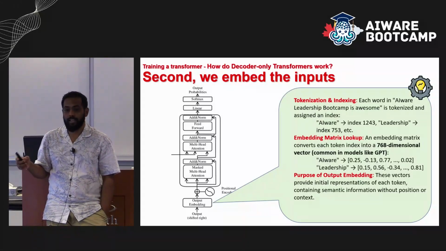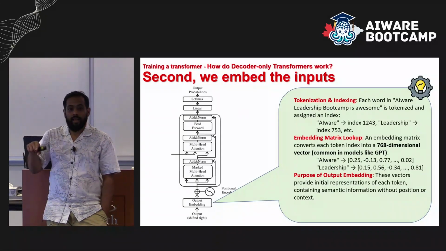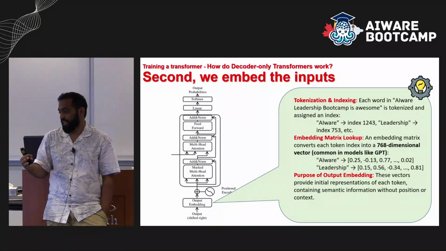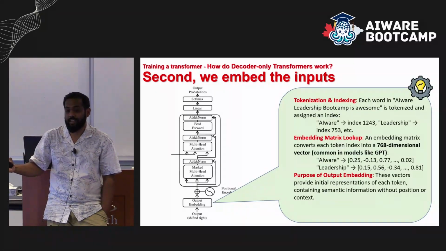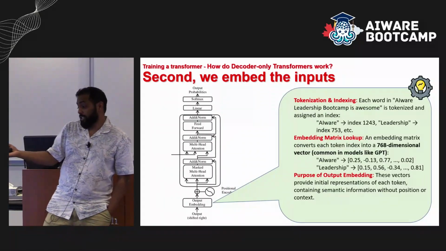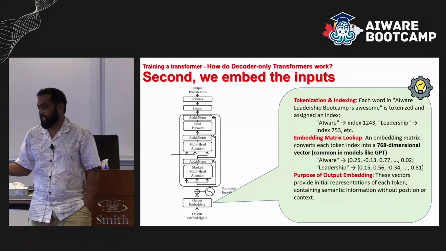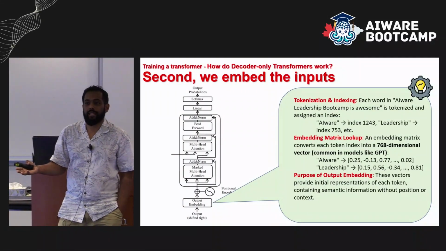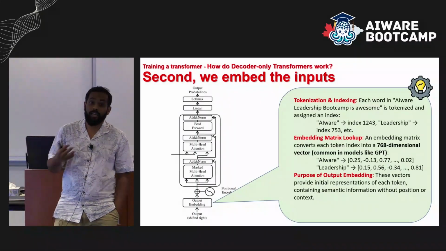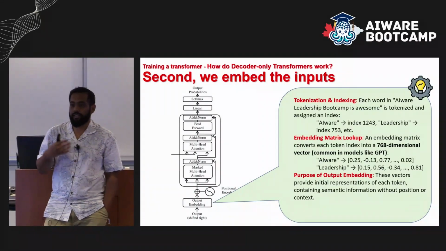So once we have these tokens, they are first indexed, and then they're embedded using a learned embedding matrix. GPT uses a 768 dimensional vector, and there are other earlier transformers that use 256, 512.